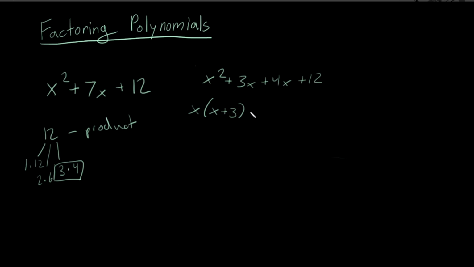So we can say that this is equivalent to saying 4 times x plus 3. Now x plus 3 is in both of our terms. So we can take those out and we're left with x plus 4. So we can write the whole thing as x plus 3 times x plus 4.